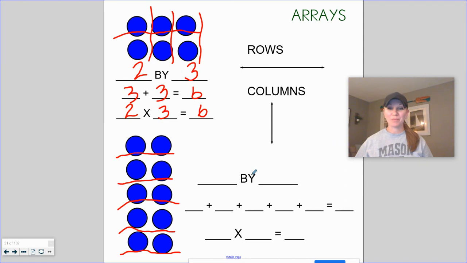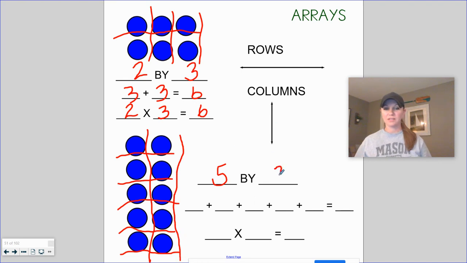It's hard when I'm writing it with a mouse on my desk instead of actually using the real markers on our smartboard. So a little bit different, okay? All right, so we made 1, 2, 3, 4, 5 rows. So this one we're going to start off by saying 5 by something. And then if I go up and down for the columns, we have one column over there and two columns. So this name would be a 5 by 2.